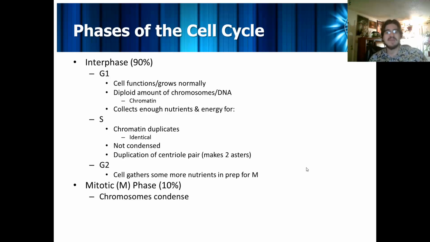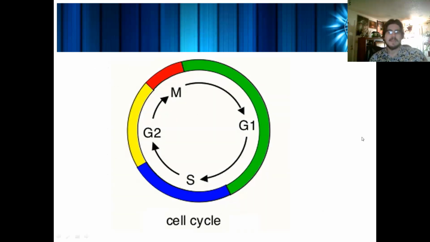The mitotic phase is when the chromosomes condense, so the chromatin condenses into chromosomes, and cell division occurs. Here we go. The green, blue, and yellow, G1, S, and G2, all represent interphase. You can see it's the grand majority of time in the cell cycle.